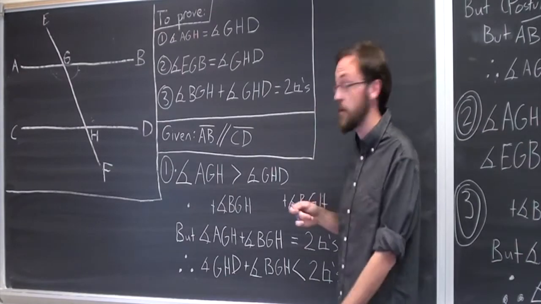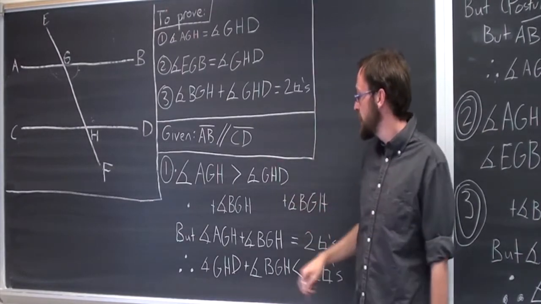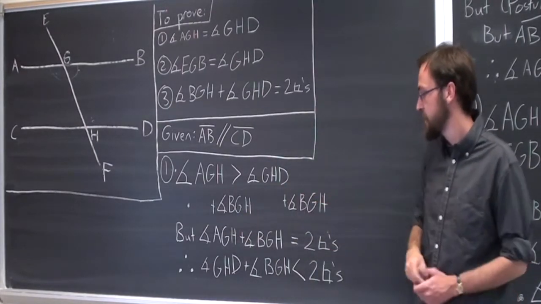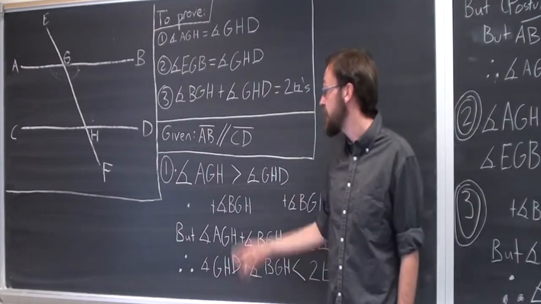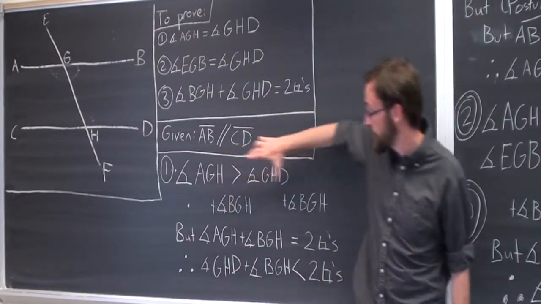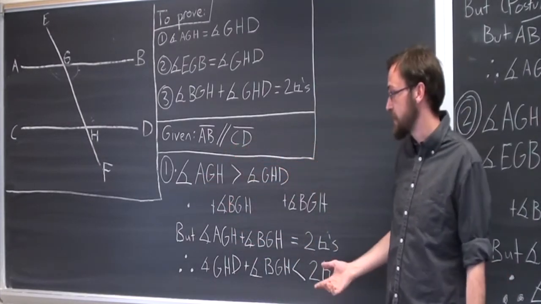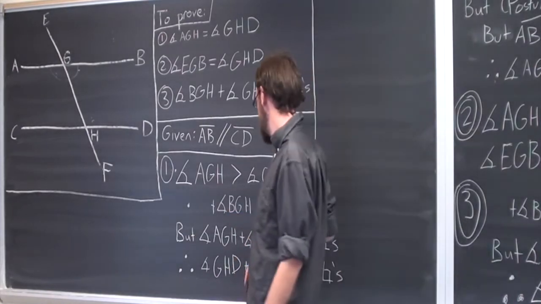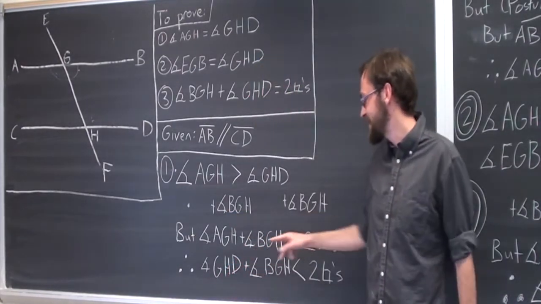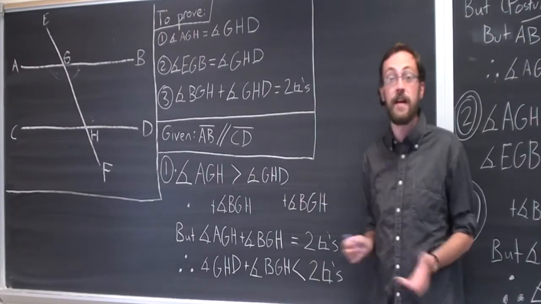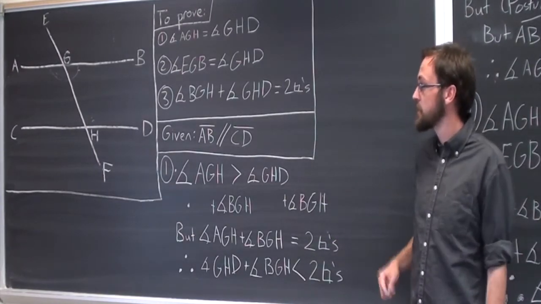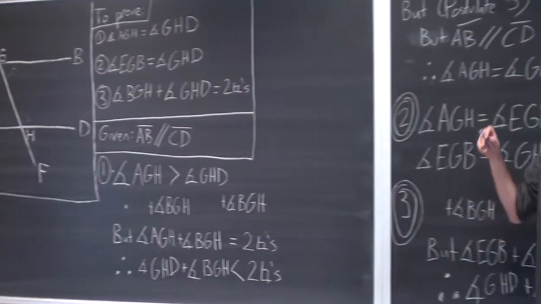That comes from Prop 13 in Euclid's Elements. So that's here. And so therefore, because these two added together are greater than these two added together, that means that GHD plus BGH are less than two right angles. So that's the first part.